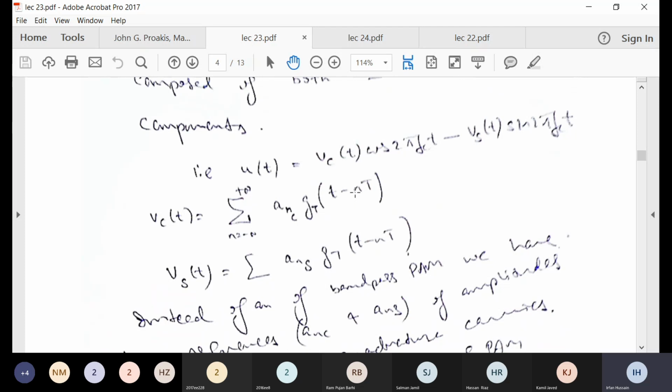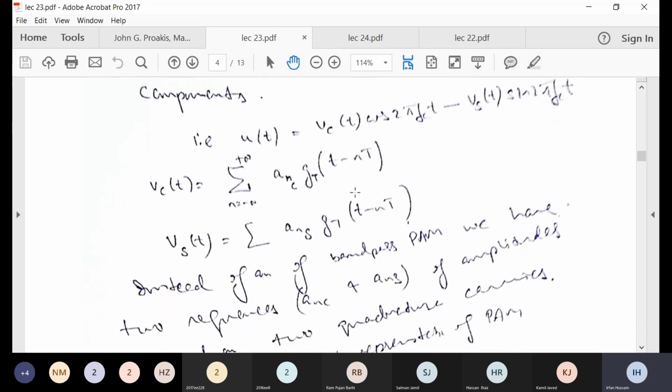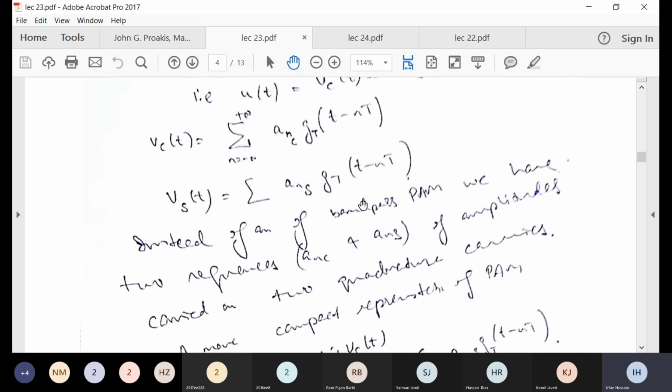So here again, if we have two sequences, and they are finally going onto two orthonormal functions, why not use the famous complex representation? So we say that these two sequences can be represented as a single sequence whose real part is A_c and whose imaginary part is A_s.